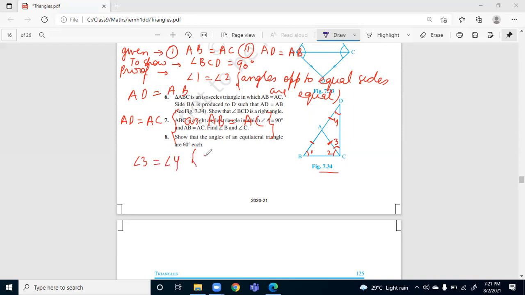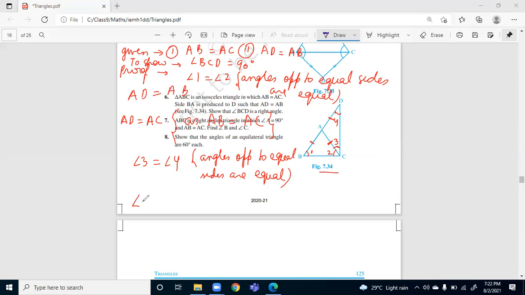What is the reason? Angles opposite to equal sides are equal. So is it okay?